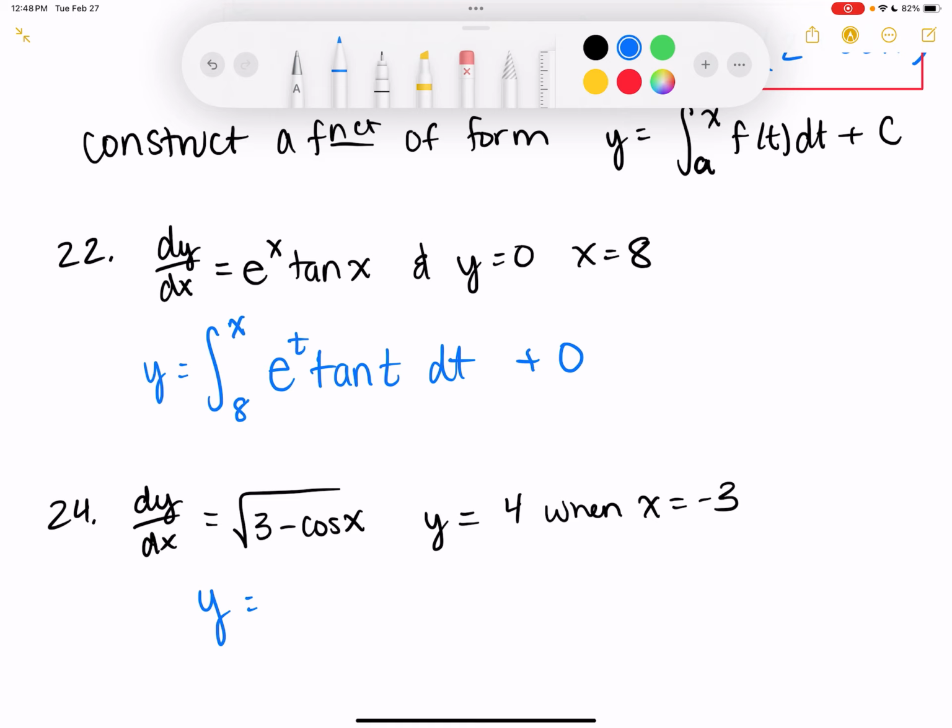Y equals the integral from negative 3 to x of the square root of 3 minus cosine t dt plus 4. Yep. That's all I do.